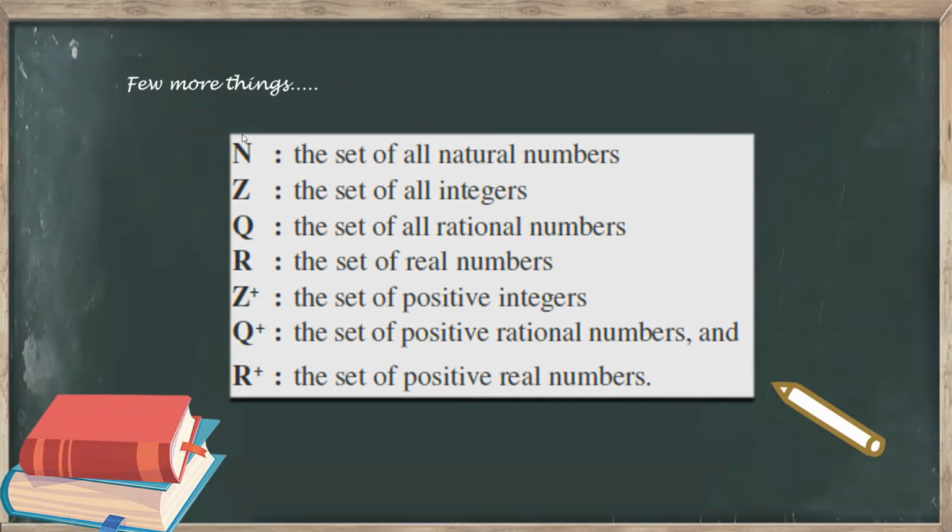So, God willing, I'll be posting a video on the difference between all these types of numbers, because the differences between natural numbers, integers, rational numbers, real numbers, complex numbers, all these numbers should be clearly defined in your mind, because otherwise you will really get confused when you start solving the questions.